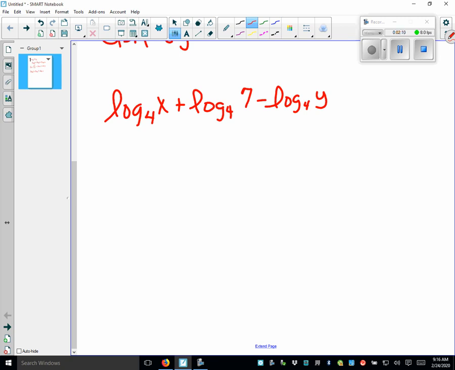How would I write this? As a single logarithm. That means I only write the word log once, doesn't it? x times 7 over y. You good with that? All right.